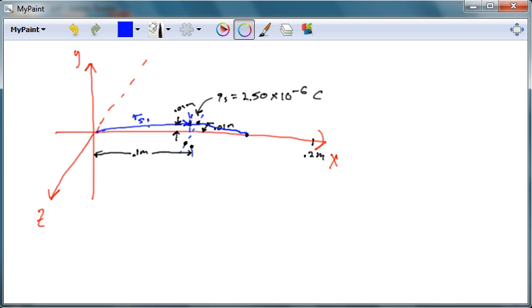RS1 vector represents the position vector of the source charge. That's what the S is for. I've got 4 source charges, number 1, which I labeled this one as. And this represents, call this RP.